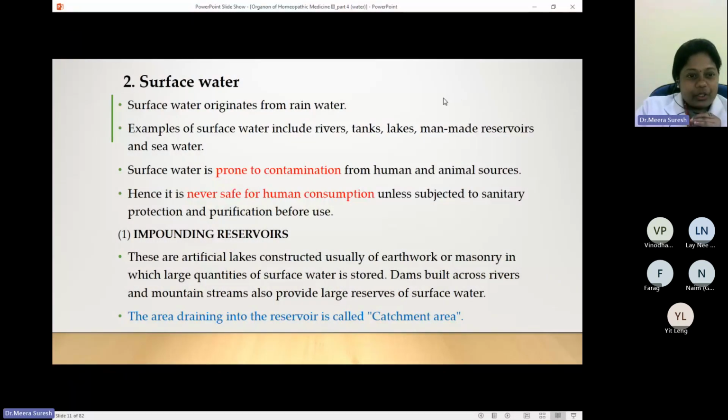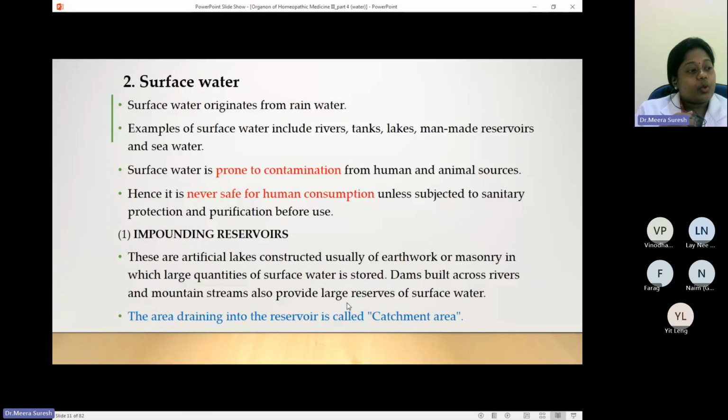Okay. So continuing with the surface water, we saw the impounding reservoirs. We believe that the water that has been collected over there, the dam, is not contaminated, but the water that is draining from the catchment area may be contaminated because of the habitat of the people living there, or by the domestic animals, or even by the wild animals.